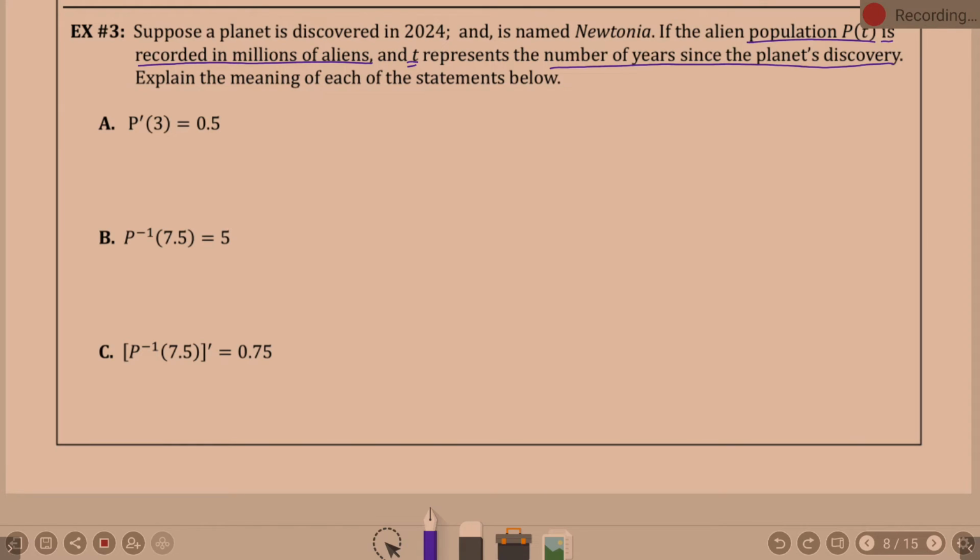P prime of 3 equals 0.5. It's 3 years after it was discovered, there were only 500,000. So after 3 years of discovery, there were 500,000 aliens.